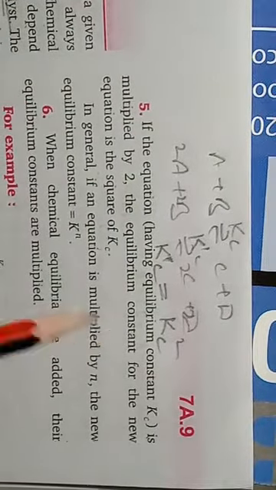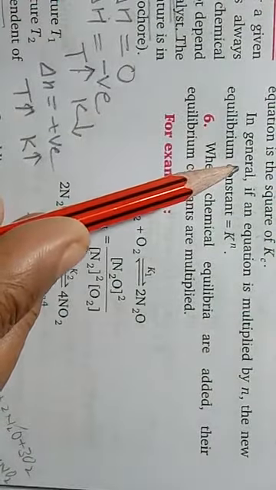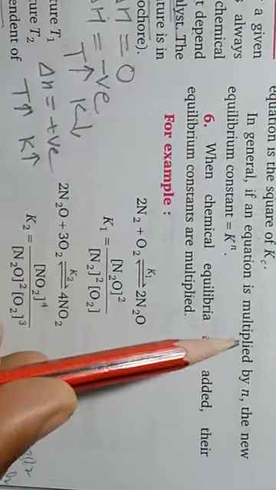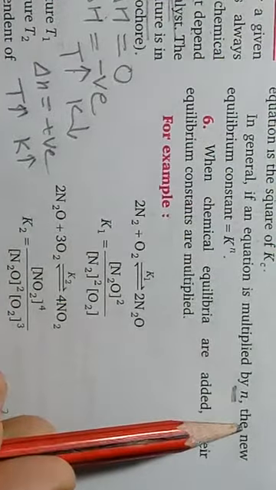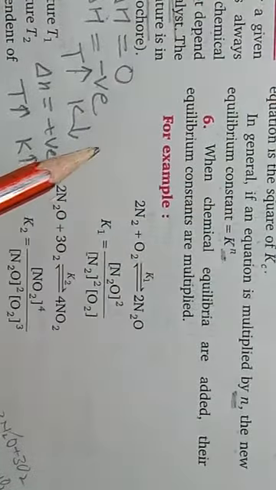So for a general relation, if an equation is multiplied by n, then the new equilibrium constant will be equal to Kc to the power n.